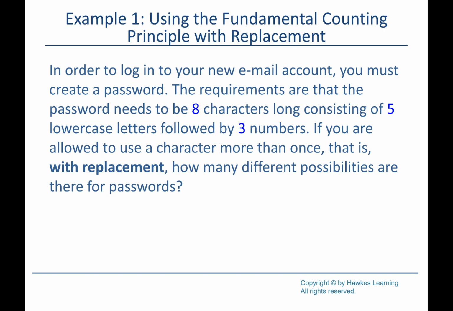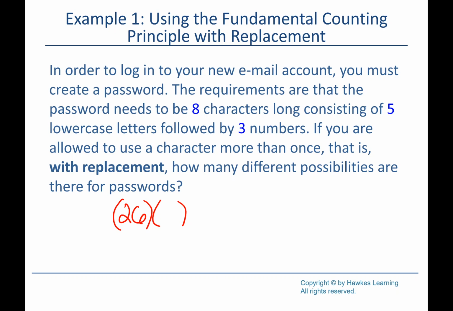Let's think about picking our first character. If we're picking spot number 1, it has to be a lowercase letter. So how many choices of lowercase letters do we have? We got 26. So in spot number 1, we've got 26 choices for what we can pick. In spot number 2, even if we used a certain letter for spot 1, we could use it again if we wanted to.